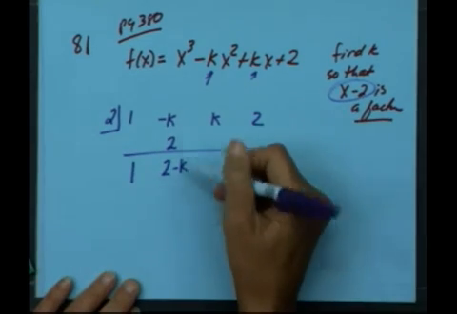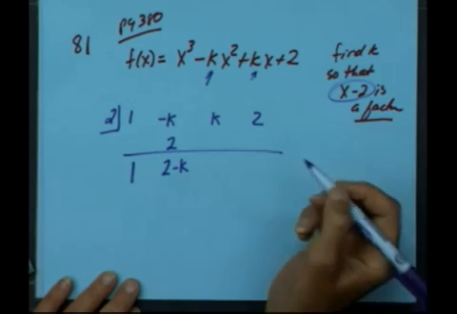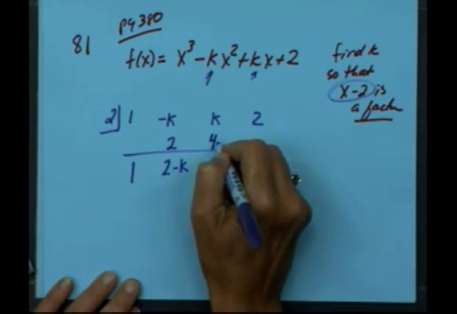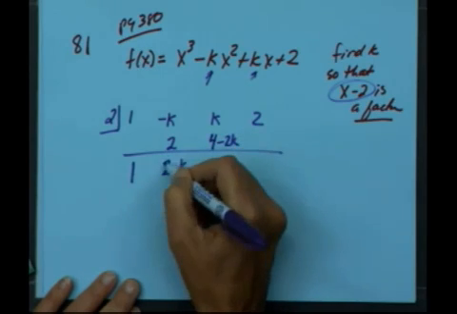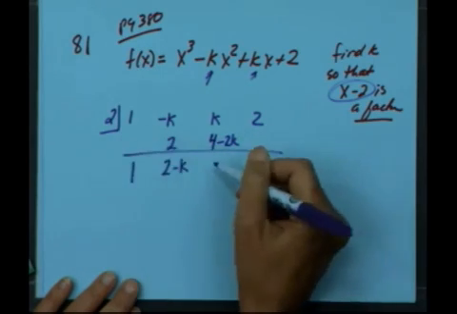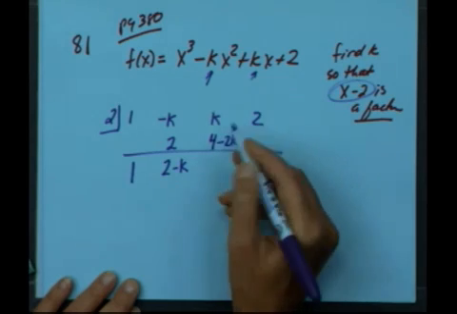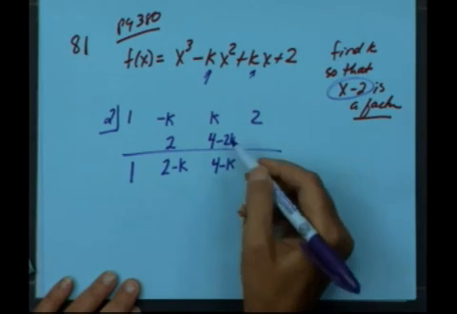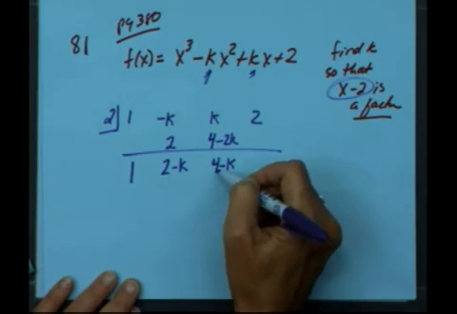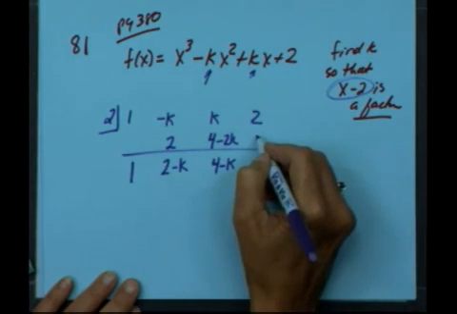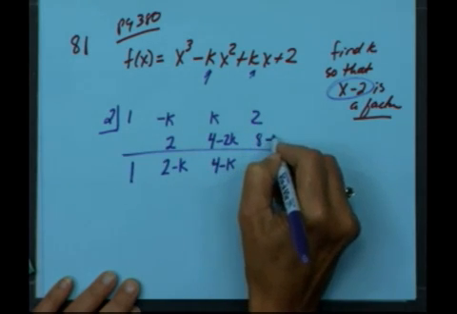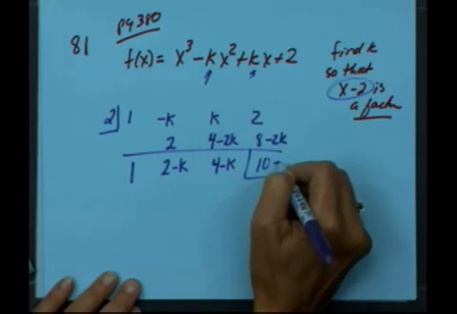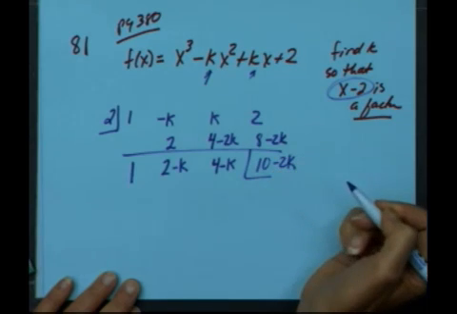When I add, now 2 times 2 minus k is going to be 4 minus 2k, correct? 2 minus k times 2. Everybody good? And when you add, you're going to get 4 minus k. 4 minus k times 2 is going to be 8 minus 2k. And when I add, I get 10 minus 2k, correct?